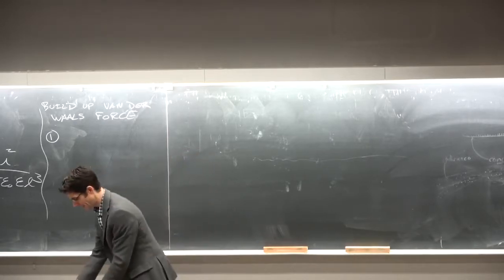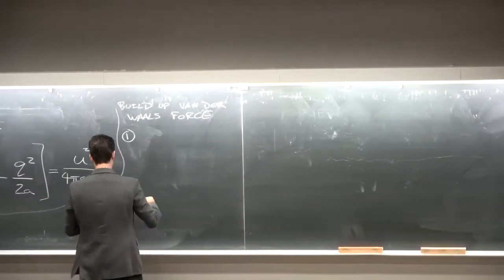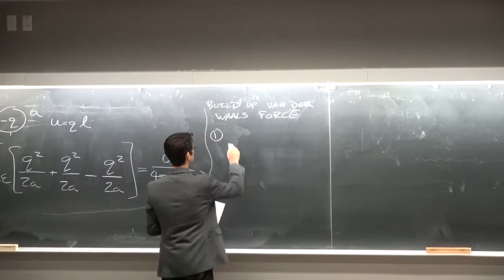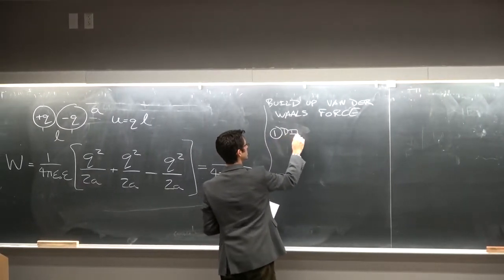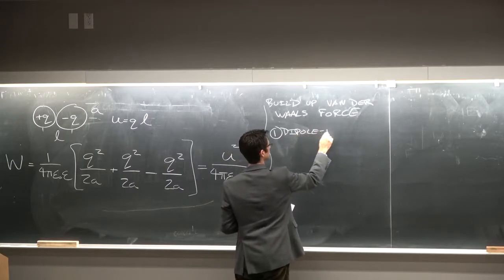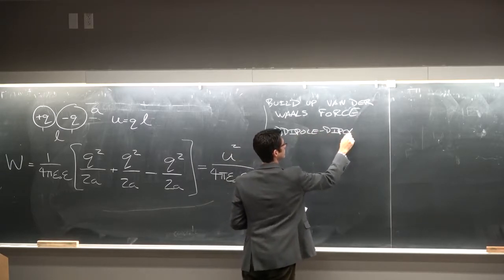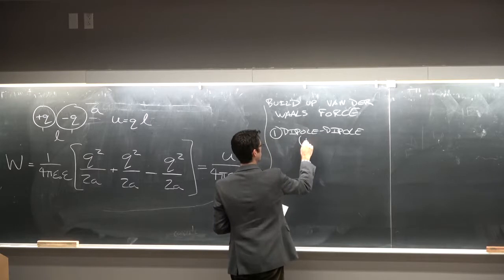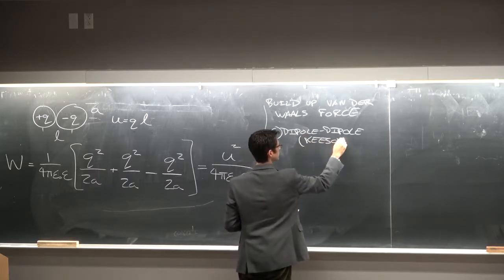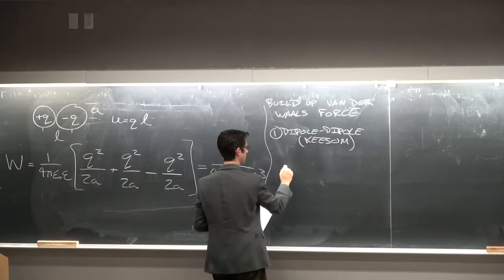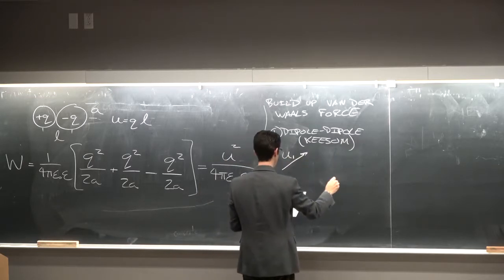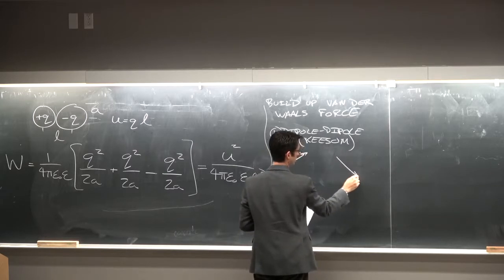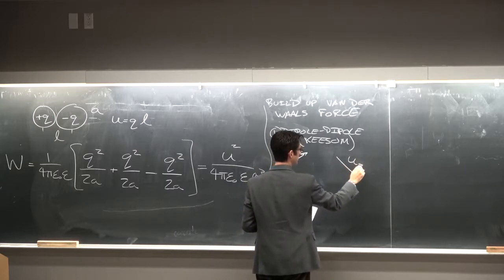So we can represent this as follows. The dipole-dipole force, sometimes called the Keesom interaction, has 2 molecules, and we will represent the dipoles.